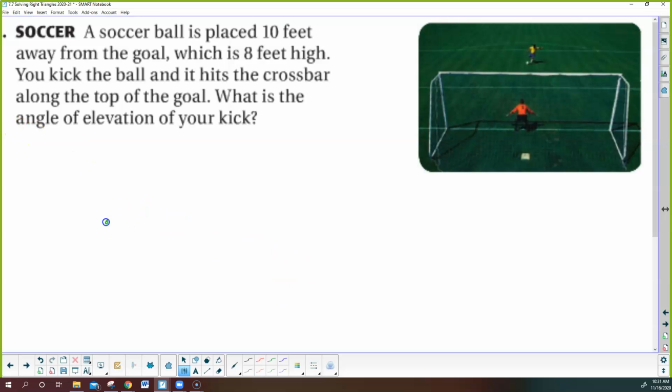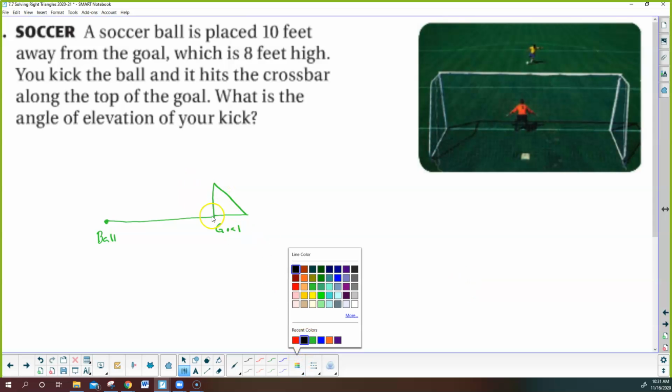So let's think of this. All right, here's your ball, and then here's the goal. Right, there's the soccer net. So you can think of this, and we know that this goal, its top height is 8 feet.